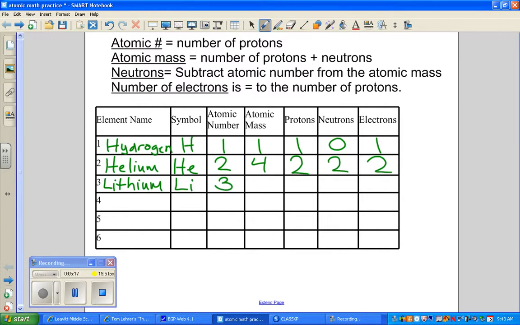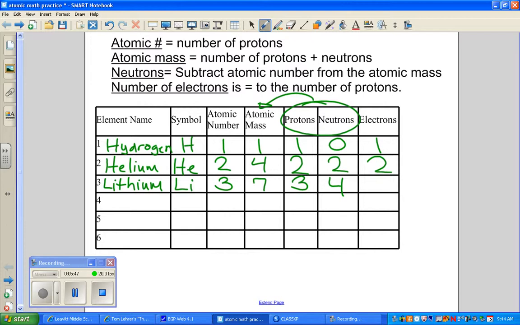Okay, the number of protons, same as the atomic number. 3. 3 plus what equals 7? 4. Because these two added together have to equal the mass. And then the number of electrons is the same as the protons so that their charges cancel out. So how many electrons?